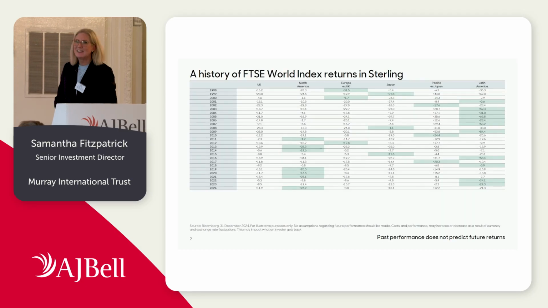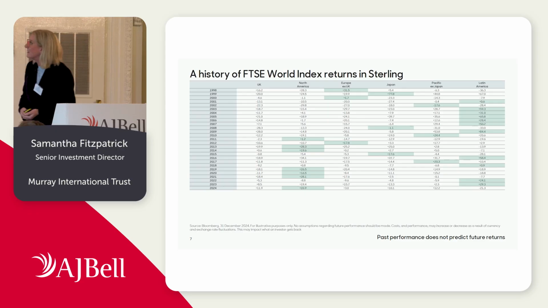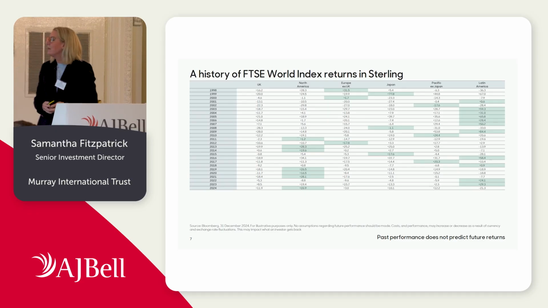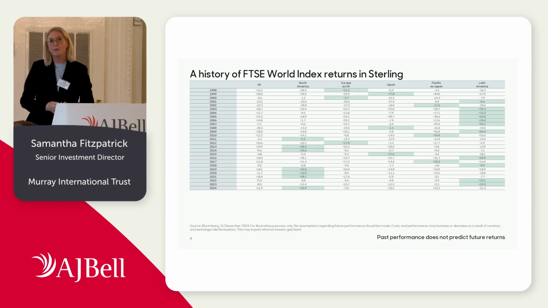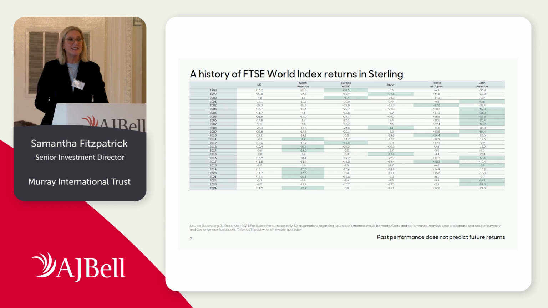And then this really does tell a story. The numbers are tiny, so you won't see them, but this looks over the past 26 years or so, and looks at various different regional returns in sterling, so you're taking currency out of it, translating it all back into sterling, and looking at what has been the best performing market over time. And sadly, the UK has not even made that list once.